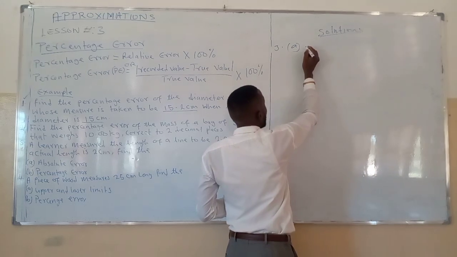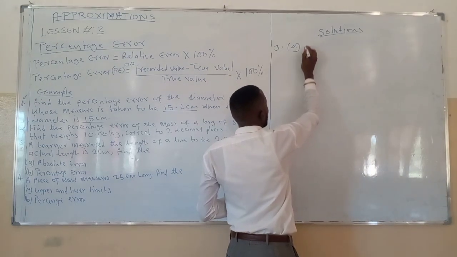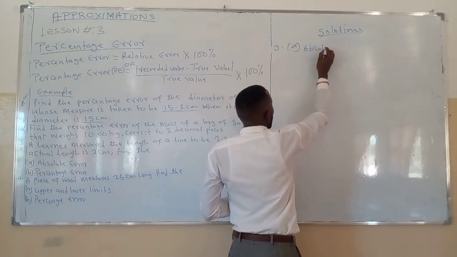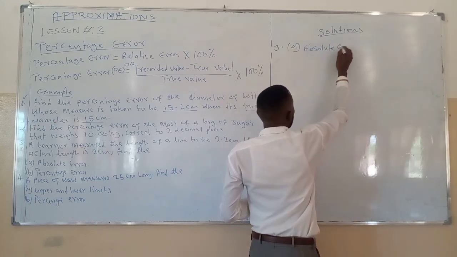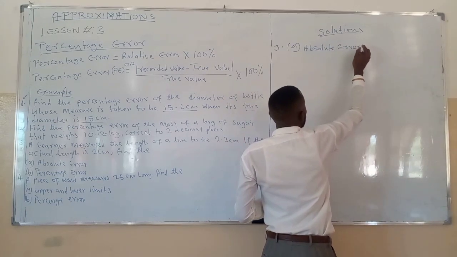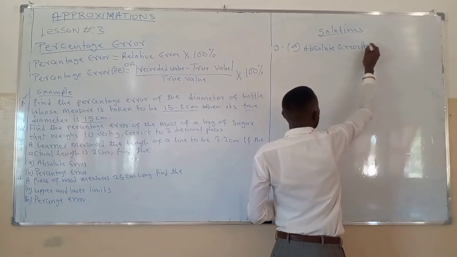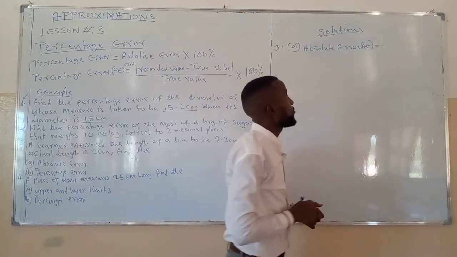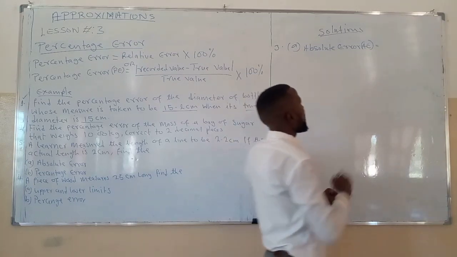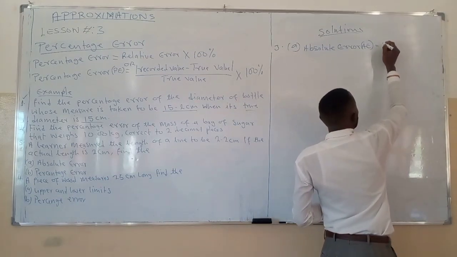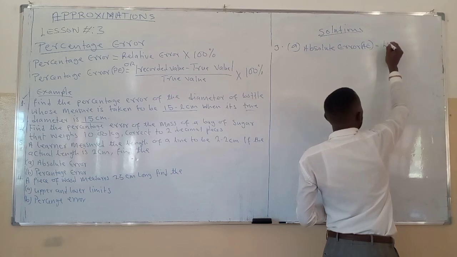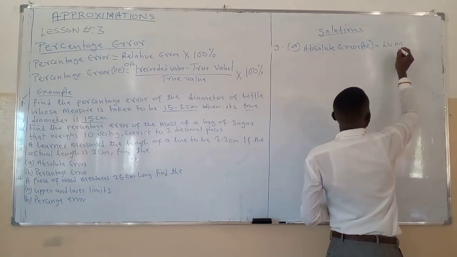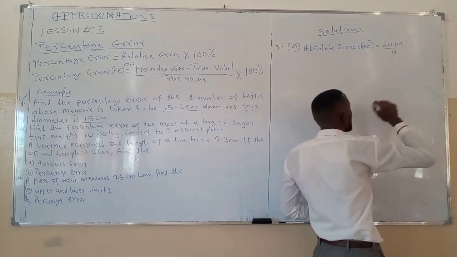So let us say absolute error, which is abbreviated as AE, is equal to, what is the formula that is used to find the absolute error? Of course, we can use the LAM divided by 2.